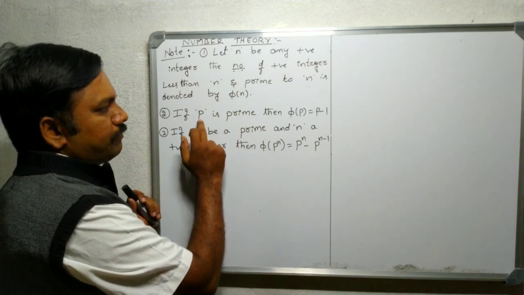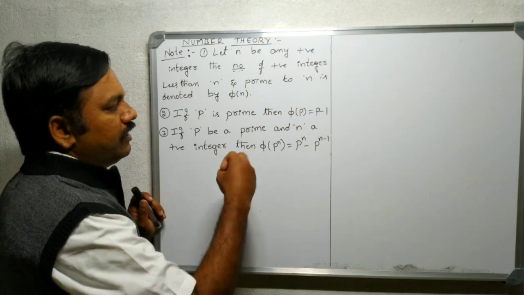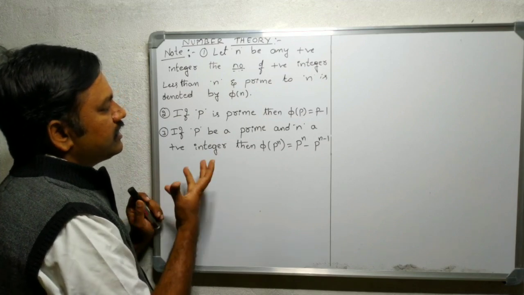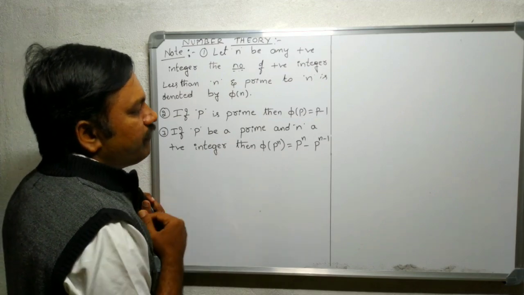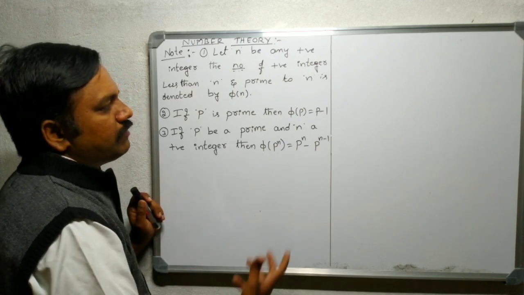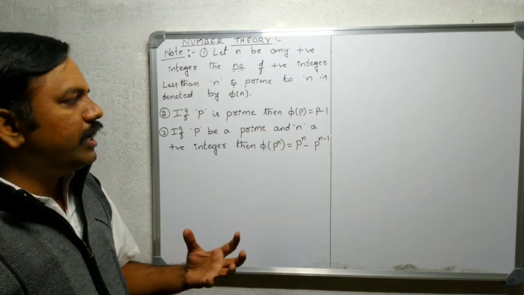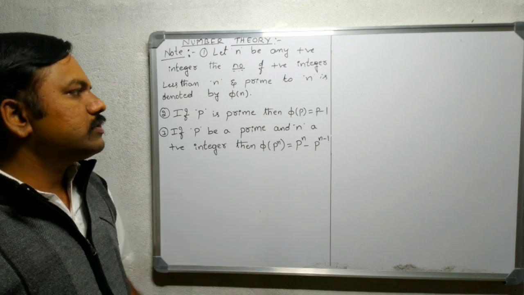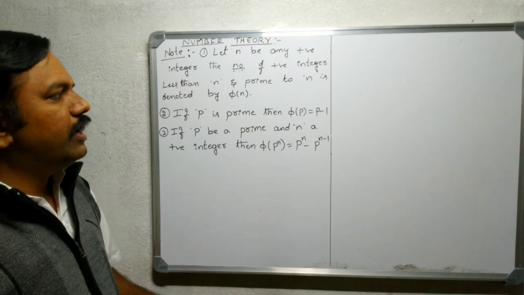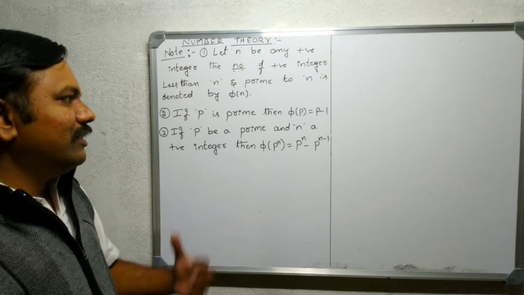If p is a prime number, then phi of p is equal to p minus 1. In a similar manner, if p is any prime and n is a positive integer, then phi of p power n is equal to p power n minus p power n minus 1. These are formulas, and these results are very important to prove the theorems. These results are very important to prove the upcoming theorems; we have the requirement, so I have written this. I think you understood.